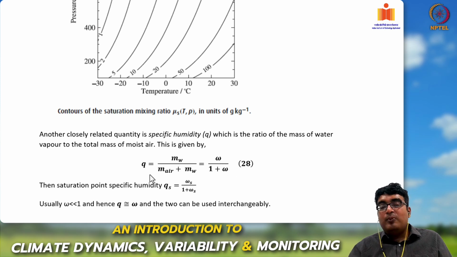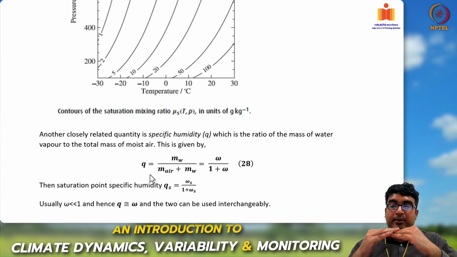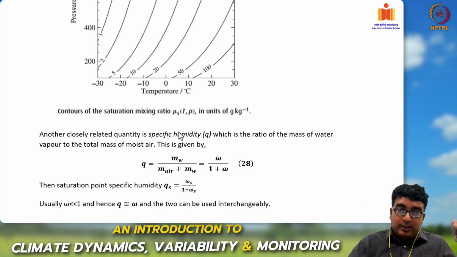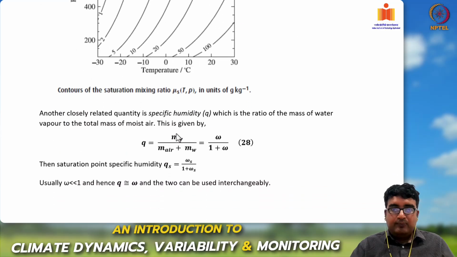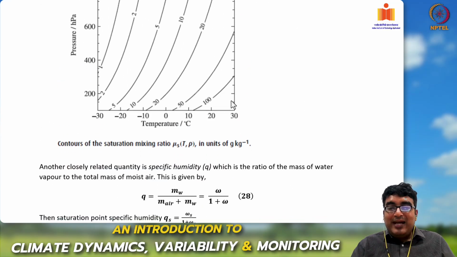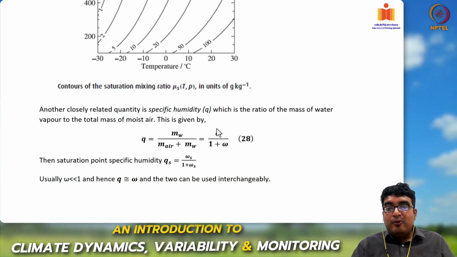So the specific humidity is the ratio of the mass of water vapor by the mass of the total parcel of moist air, whereas humidity ratio is the mass of water vapor by the mass of dry air only. Okay. So if that is omega, then it's the humidity ratio divided by 1 plus humidity ratio. And the saturation specific humidity Qs is omega s by 1 plus omega s. So the saturation humidity ratio by 1 plus the saturation humidity ratio.